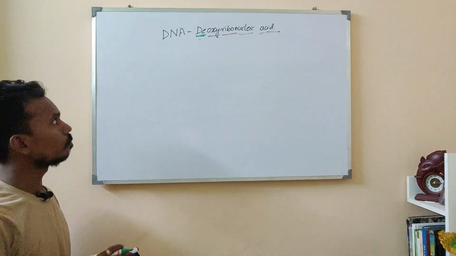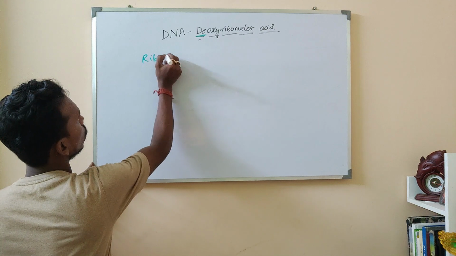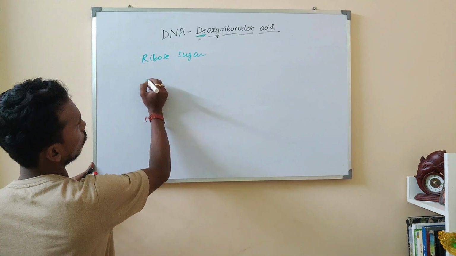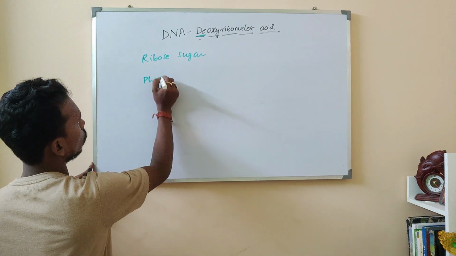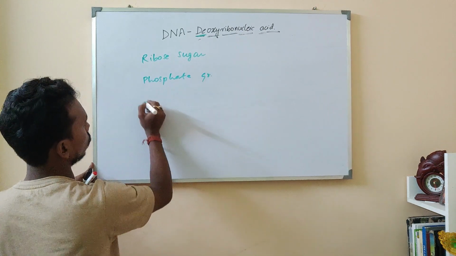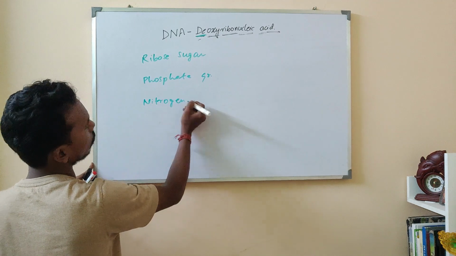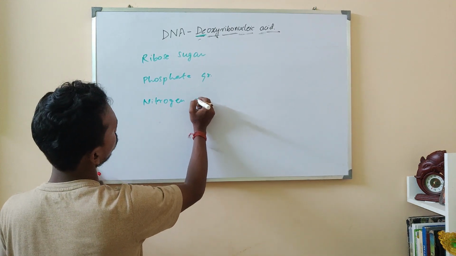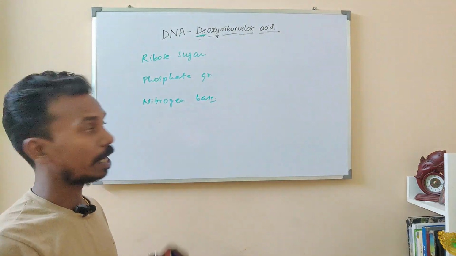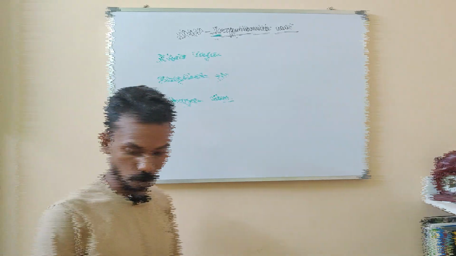We know that a nucleotide contains ribose sugar, then phosphate group, and the nitrogen base, whether the nitrogen base is adenine, guanine, cytosine or thymine. That is not a matter. What matters is how they are combined together and how they are formed. So let's see.